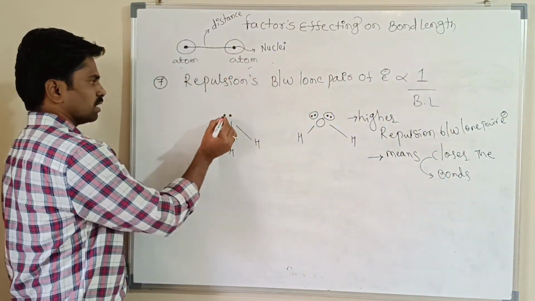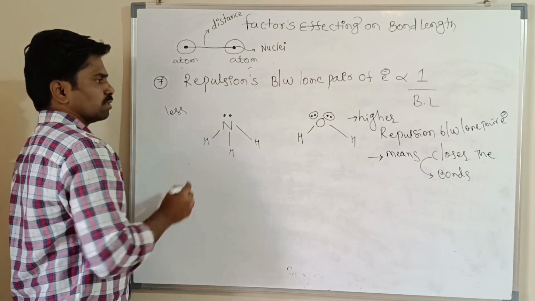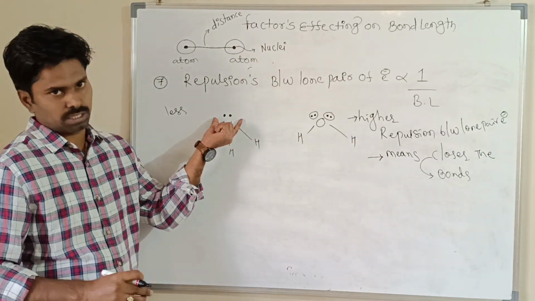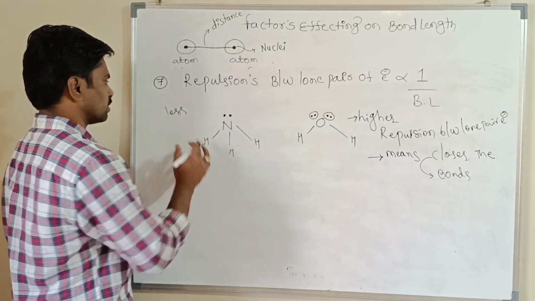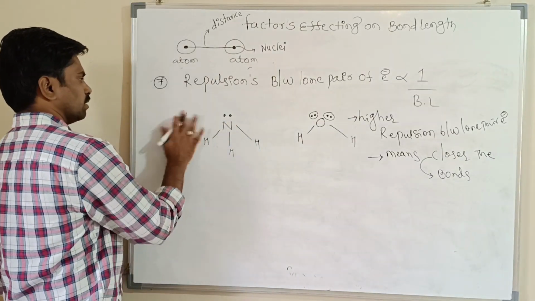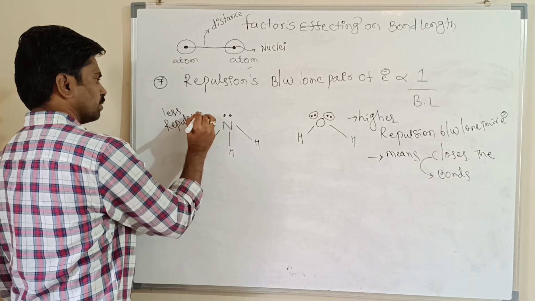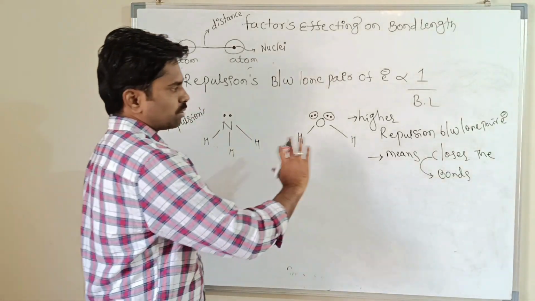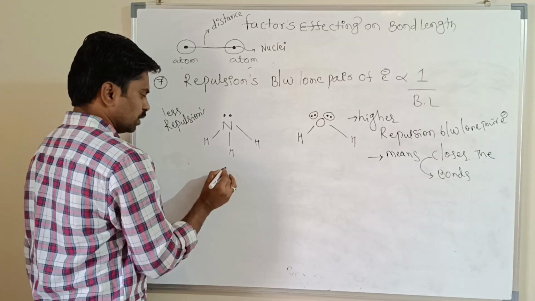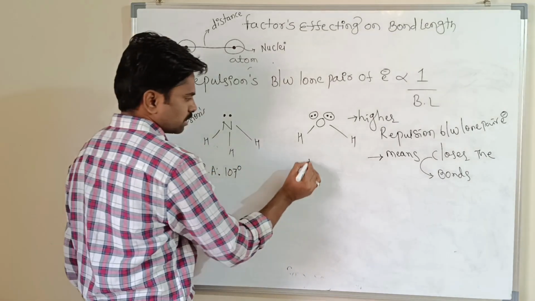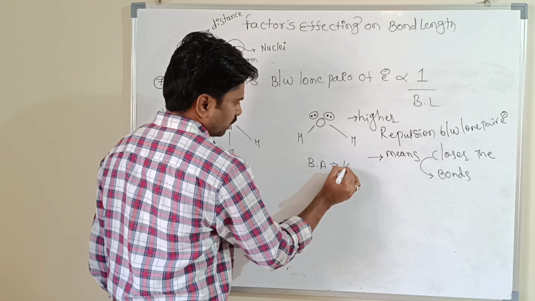Okay. Now here there are fewer repulsions. Another lone pair of electrons is not present; only a single lone pair of electrons is there. So the repulsion is less. Finally, comparing water and ammonia, we know that 107 degrees is the bond angle for ammonia, and for water it is 104 degrees.